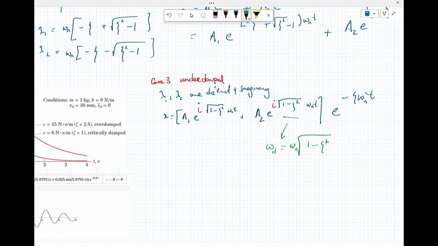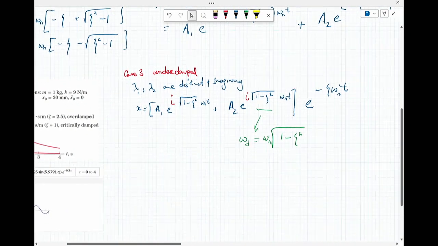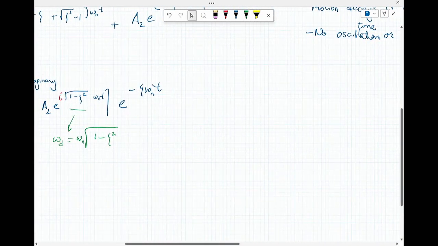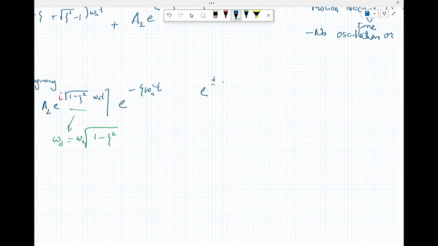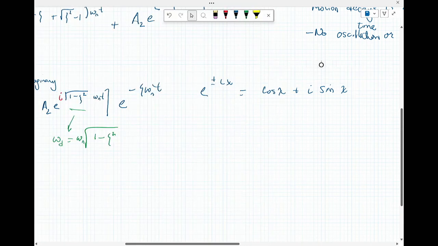So I end up with a damped natural frequency, damped natural circular frequency. Now, the one thing that I know is useful here is that e to the plus or minus ix is equal to cos x plus i sine x.